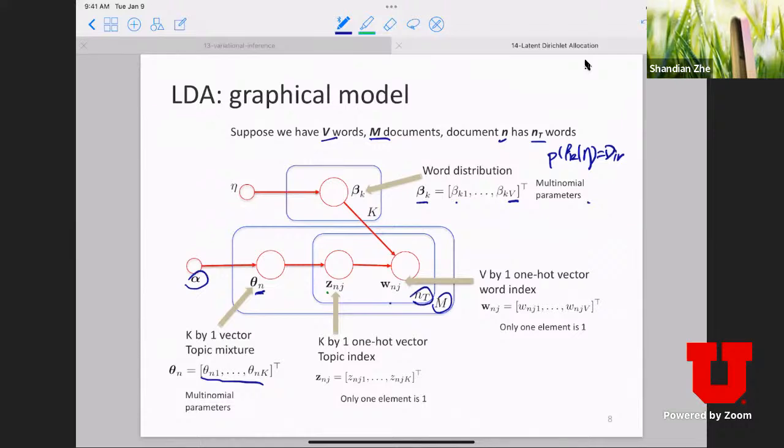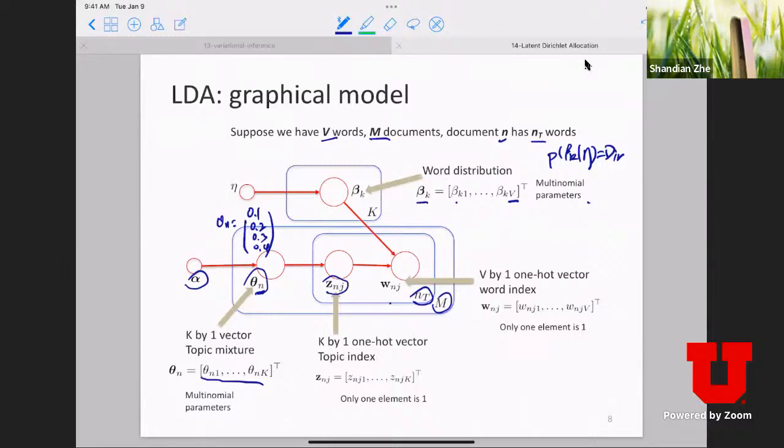To sample each word j in document n, we first sample the topic for that word, which we denote by z_nj. z_nj is sampled from a categorical distribution determined by theta_n. Theta_n essentially just tells you the probability you get topic 1, the probability you get topic 2, until the probability you get topic K. For example, your sampled theta_n might be 0.1, 0.2, 0.3, 0.4.